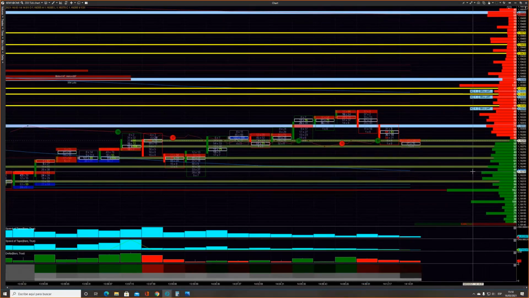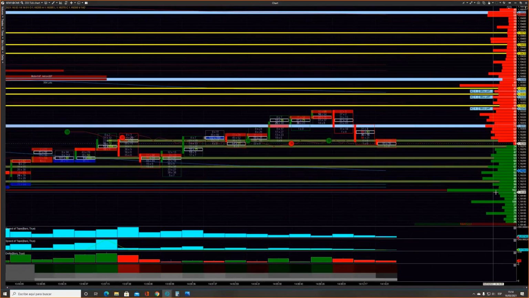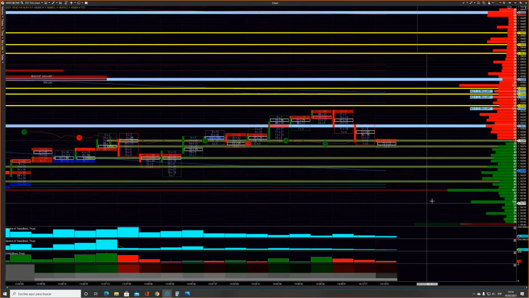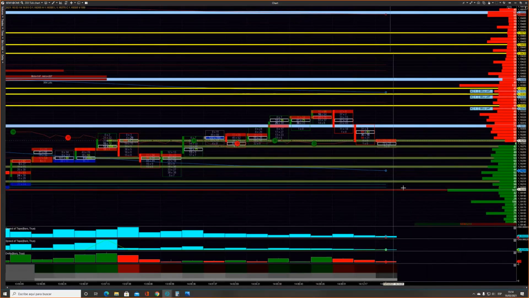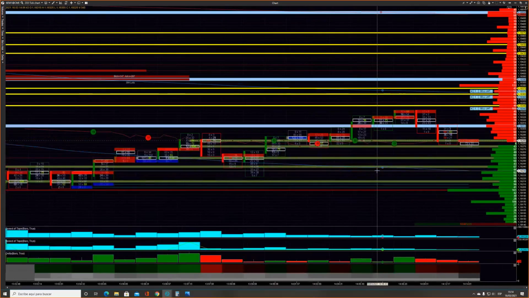When that's done, that might be a target of the sellers. That's why they are pending here. 162, that's their target to get out. You can see here one, here is another. So we can see where people are expecting to get out of the trade. And we can see it's the low of the day in this case.